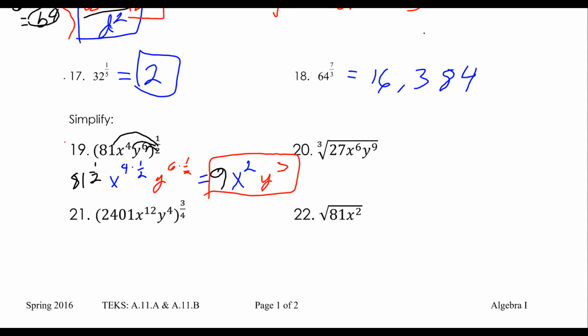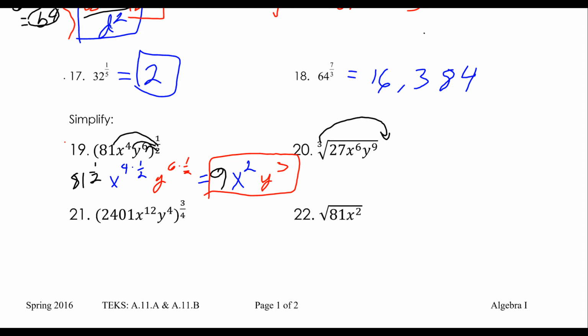Now, number 20. This is where being able to convert between the exponent and the root is going to come in real handy. So what we can do is we can actually turn this into an exponent.